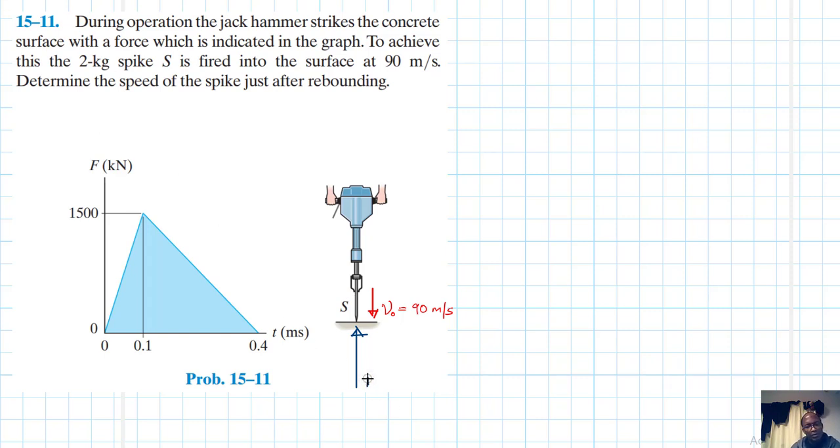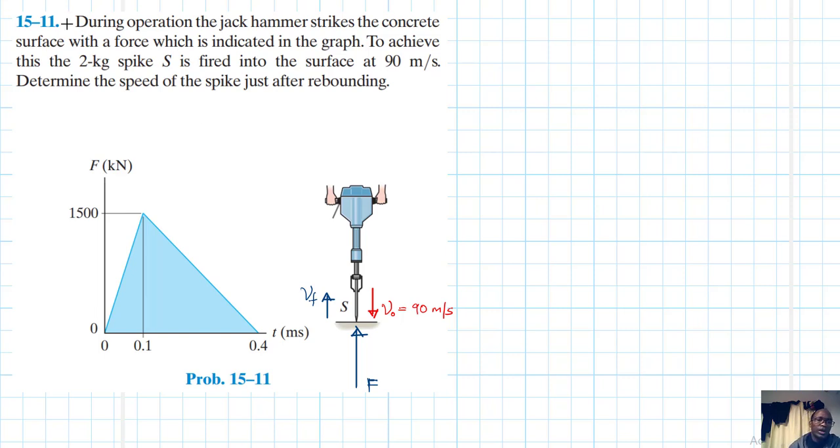This is the reaction force from the concrete, right? And then the rebounding velocity is in this direction. This is the velocity when the spike moves up. This is what we want to find.